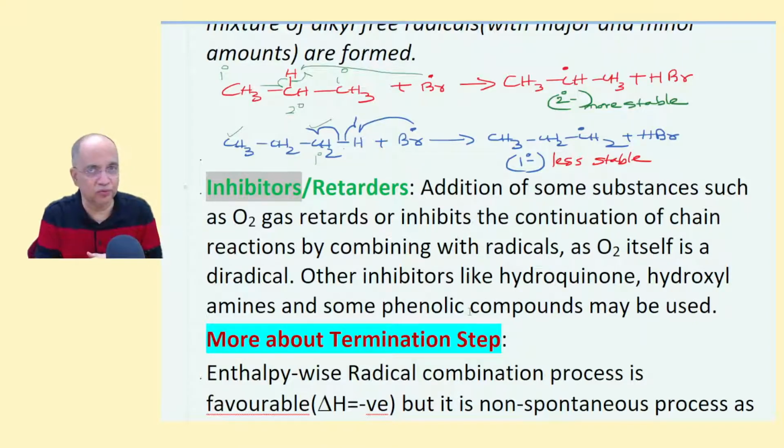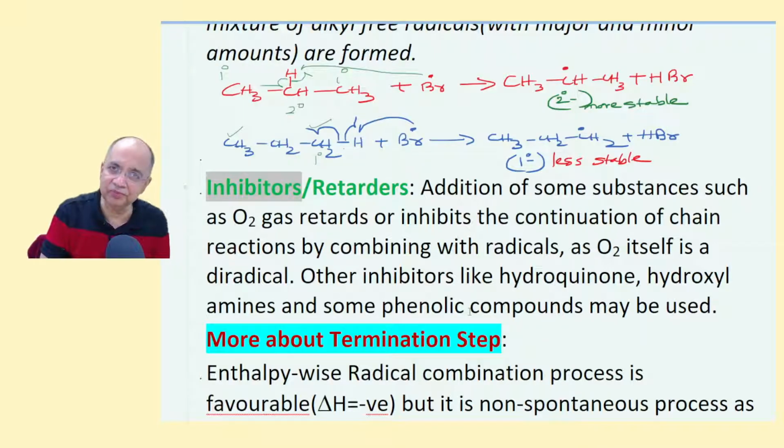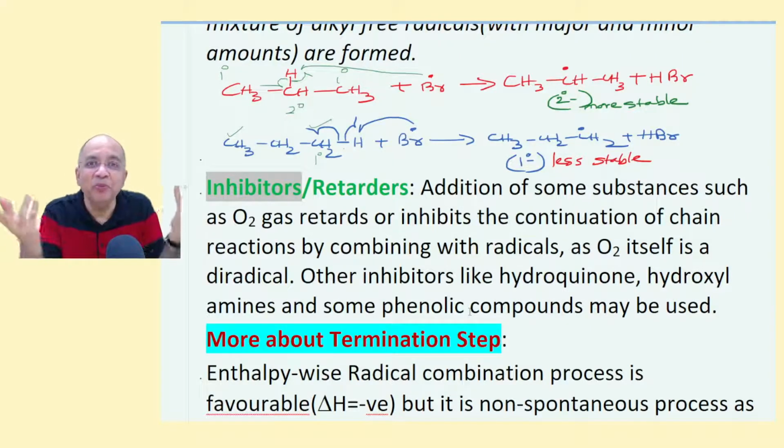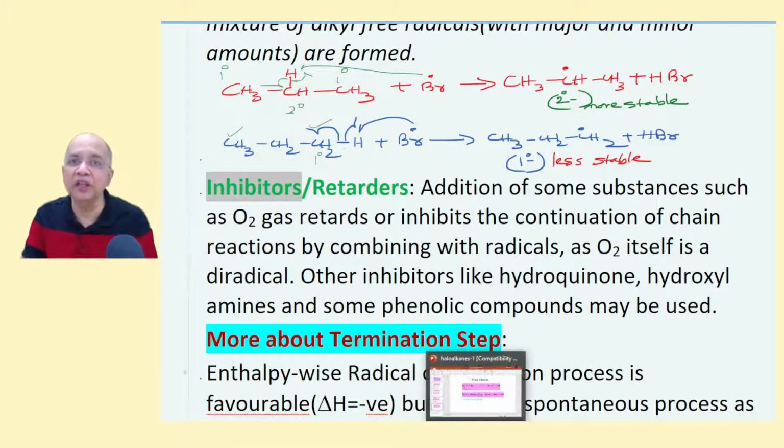Inhibitors are the substances which retard, decrease the rate of reaction. Sometimes, yes, if you take them in large quantity, then the reaction may stop. In that case, the literal meaning will apply, that is, it inhibits the reaction. But inhibitors do not always mean complete end of the reaction or stopping the reaction.